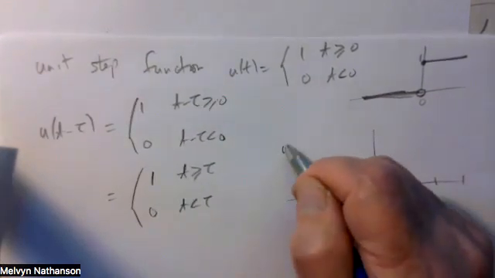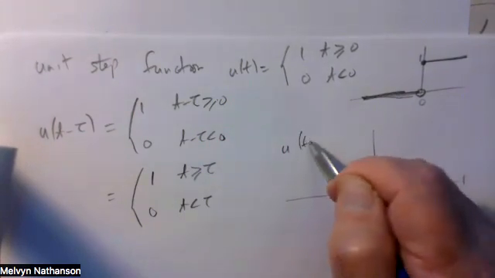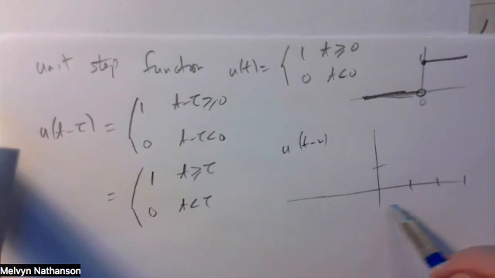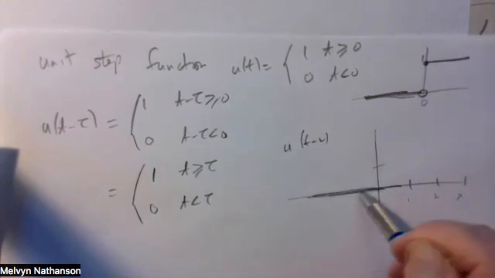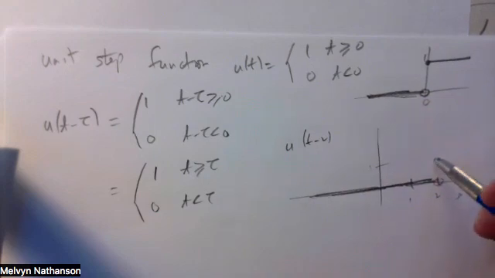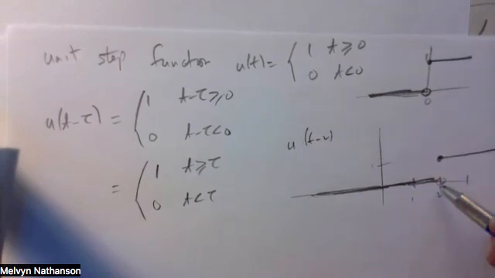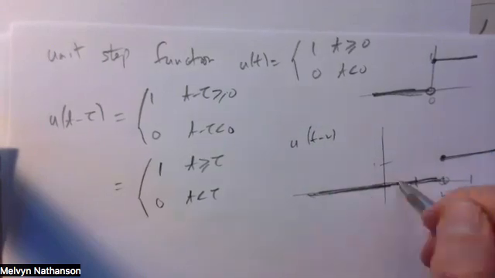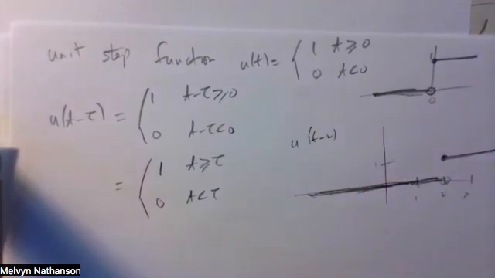So for example, if we have the function u of t minus 2, this is the unit function translated 2 units to the right. So it's 0 up until you get to 2, and at 2, it jumps to 1. The value at 2 is 1, and then it's 1 for t greater than or equal to 2. So we have this translated or shifted unit function.